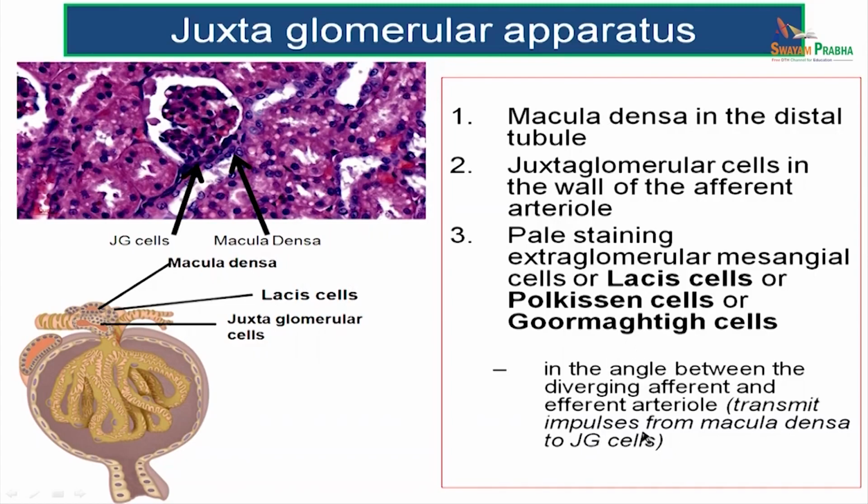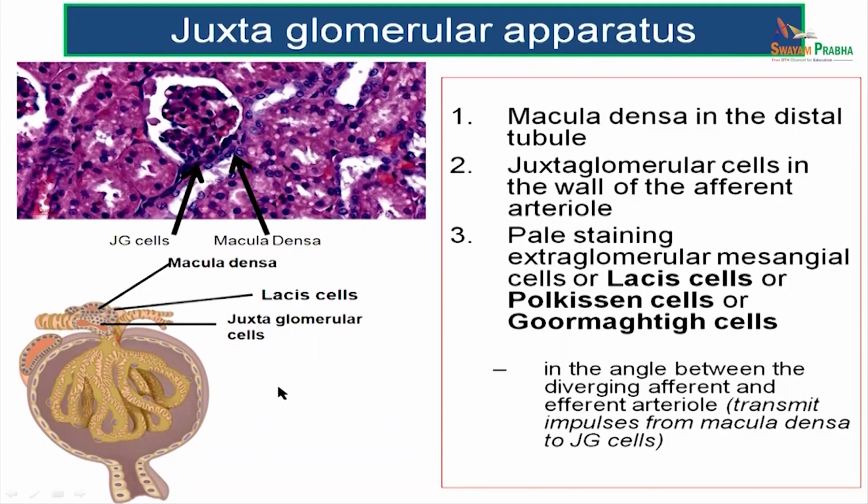Please note the importance of these cells. They will transmit impulses from the macula densa to the JG cells. So you can understand that there are three components of the juxtaglomerular apparatus: macula densa, juxtaglomerular cells, and Lacis cells, which lie between the afferent and efferent arteriole. They transmit impulses from the macula densa to the juxtaglomerular cells.